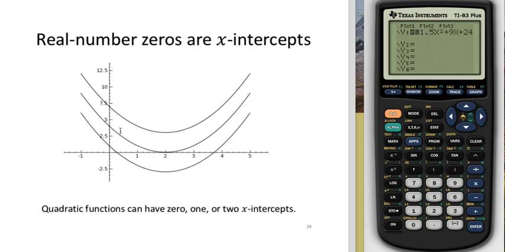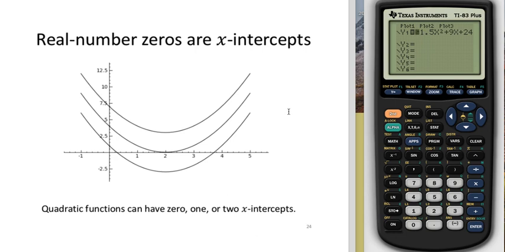Next, the parabola in the middle on this graph has one x-intercept. It's opening upward, and the vertex is actually sitting right on the x-axis. So in this case, the x-coordinate of that vertex is also an x-intercept. So we have one x-intercept.